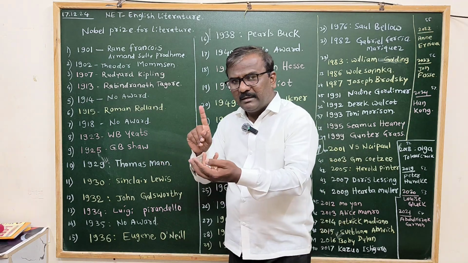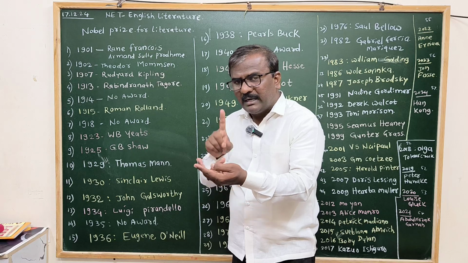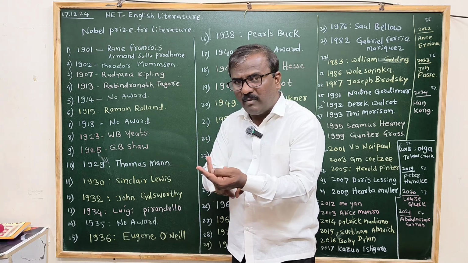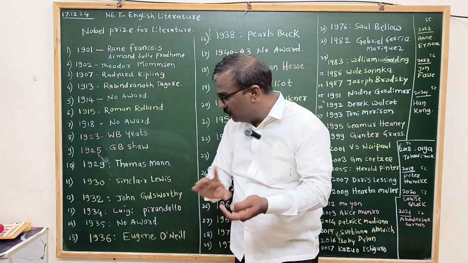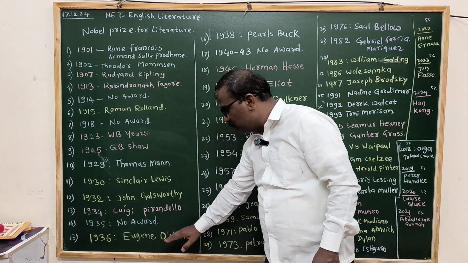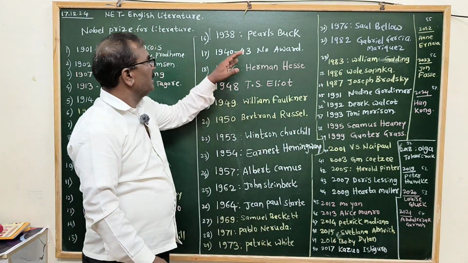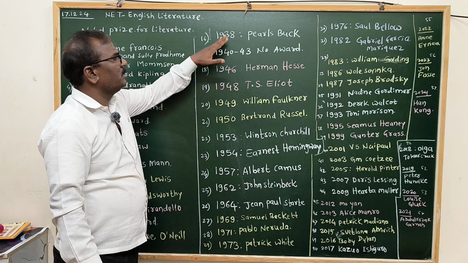Please remember: 1914, no award; 1918, no award; 1935, no award. Then 1936, Eugene O'Neill received the Nobel Prize. Then 1937, Pearl Buck.